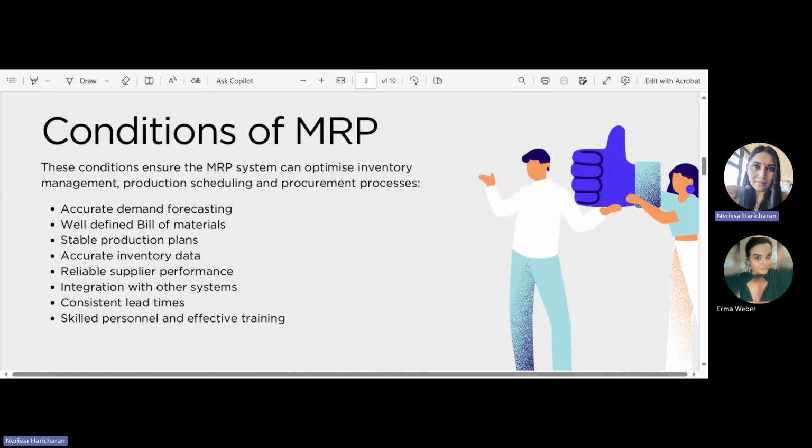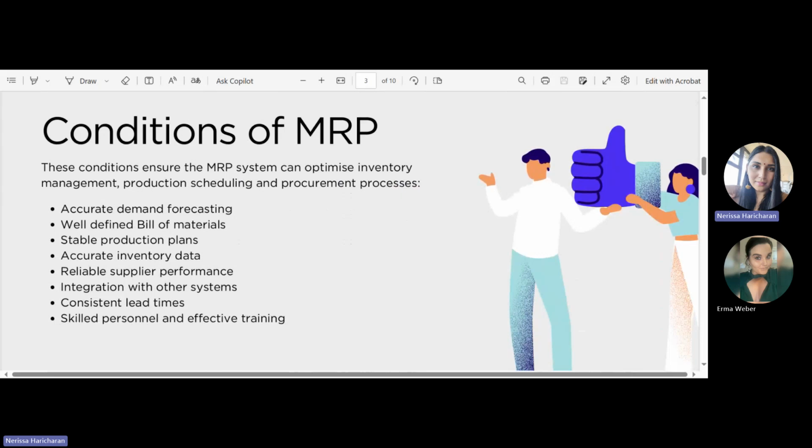If you have poor inventory accuracy, it can lead the system to generate incorrect production or procurement orders. So you need accurate inventory data, and it's coupled with a warehouse management system.